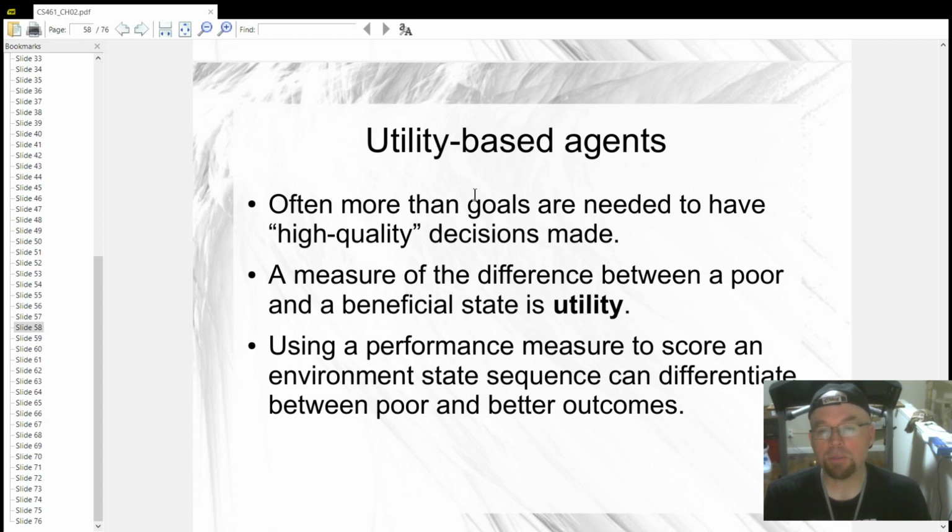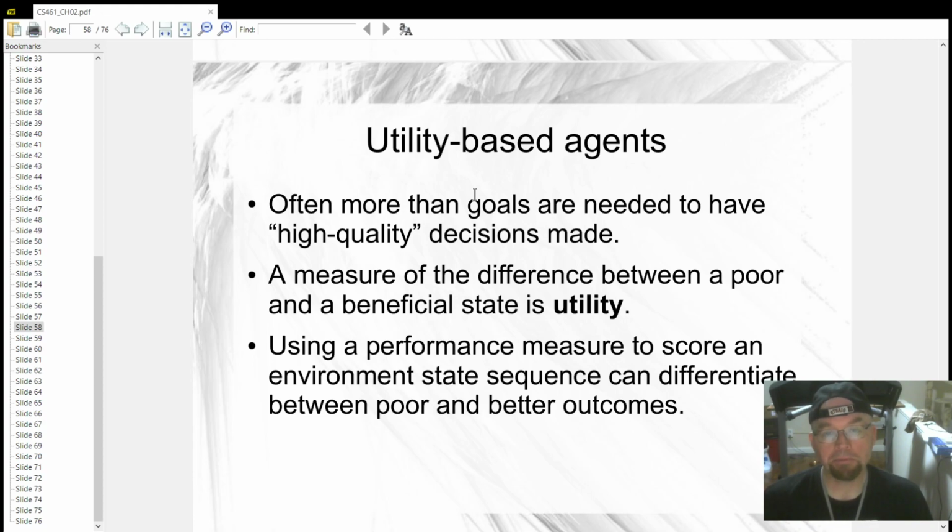Okay, so the difference between a poor decision and a better decision, you could say, is the difference between one type of state and another type of state, right? Because an agent is moving from one state to another based off of a decision.